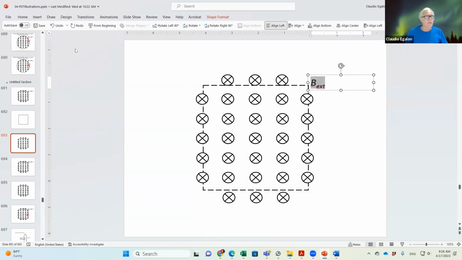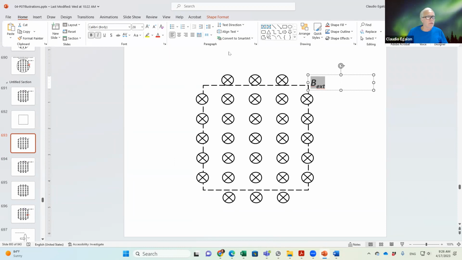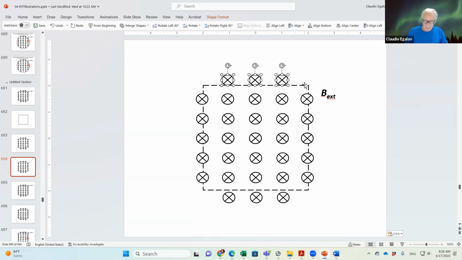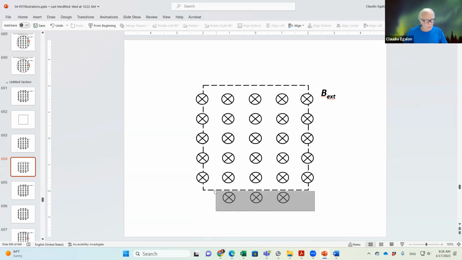It's uniform and constant in time. Okay, in the next slide, what are we going to have? I don't want this guy here because there's no B field outside this region, right?